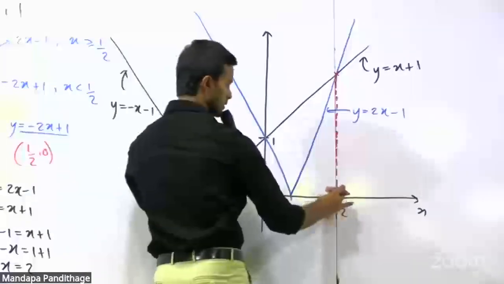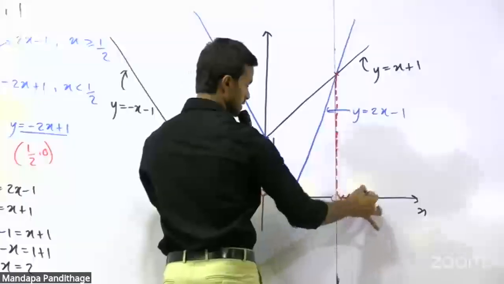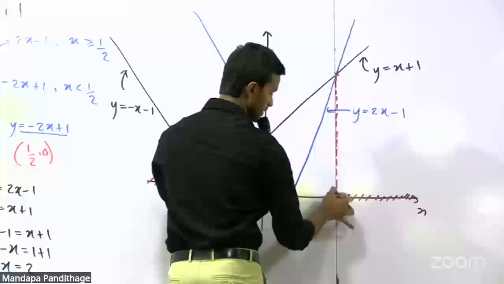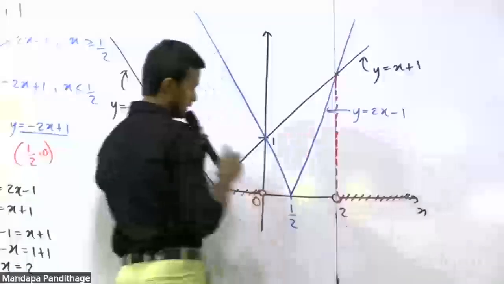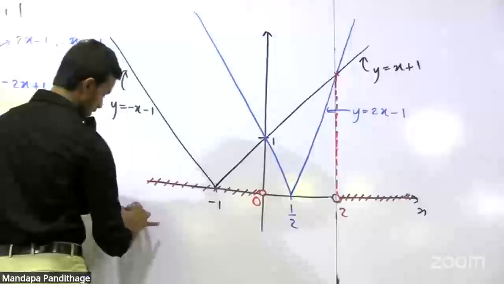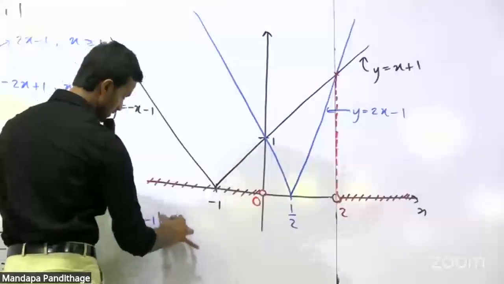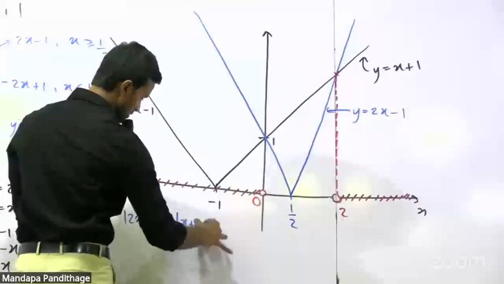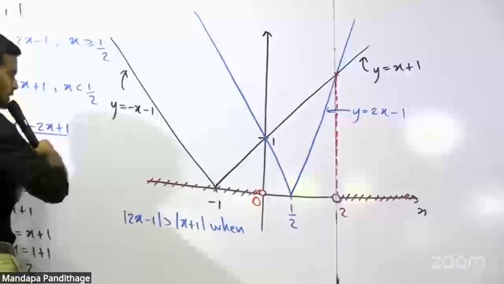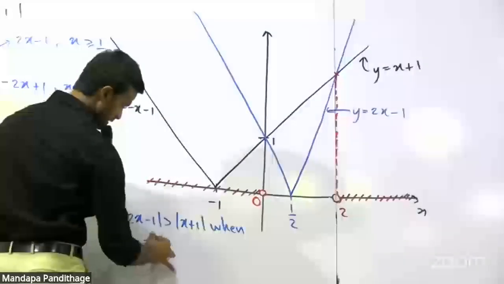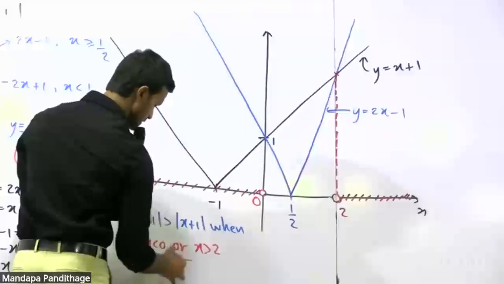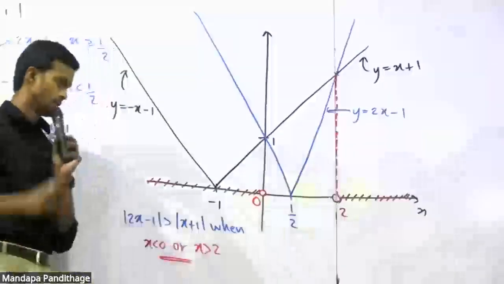Again, beyond x equals 2, the blue colored one is greater than the black colored one. So then you can write the final answer: modulus 2x minus 1 is greater than x plus 1 when x is less than 0 or x is greater than 2.